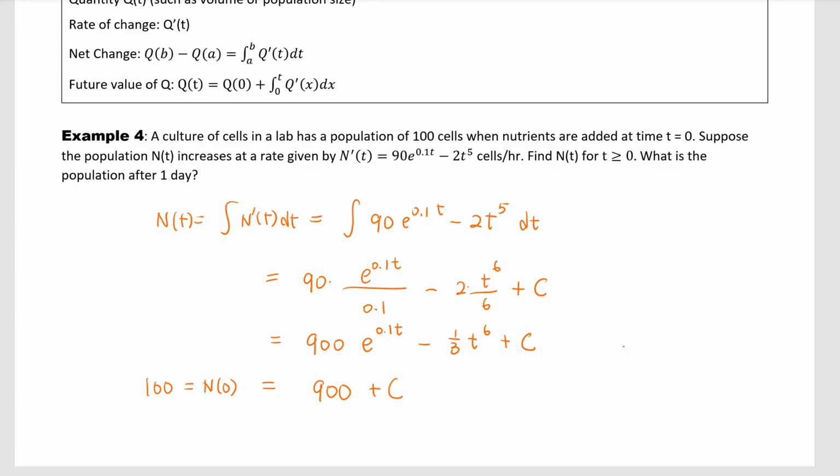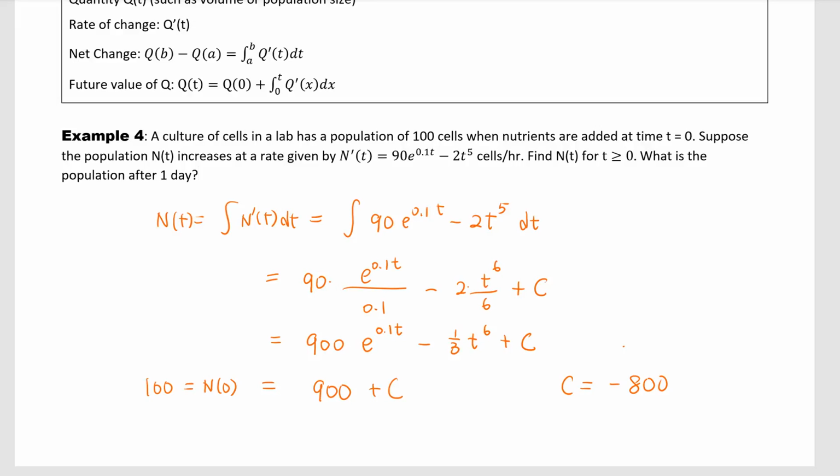Oh, what happened with the c? C is actually 100 minus, let me see. Okay, so c is negative 800. So far so good, everybody?